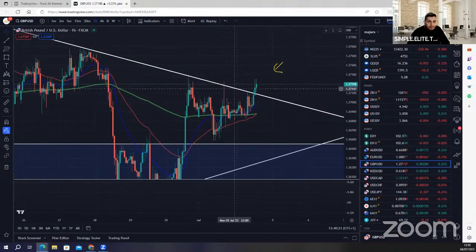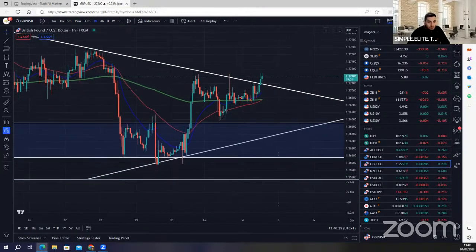Actually, a very good entrance was in this area here, but I didn't catch it last week. So I'm now watching this 127.30 to see if it's going to break.